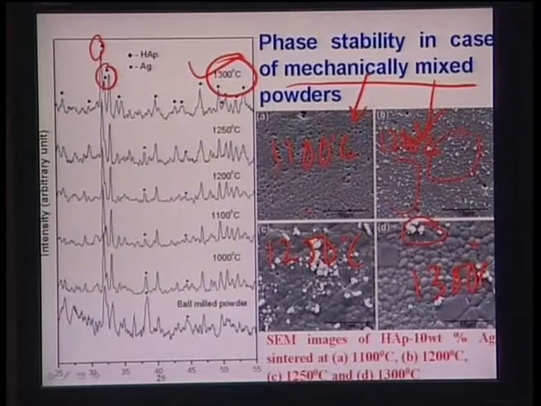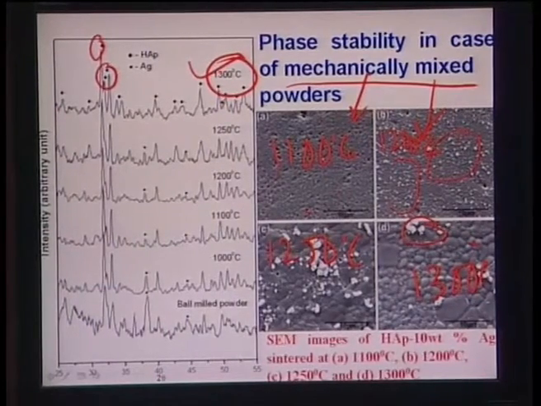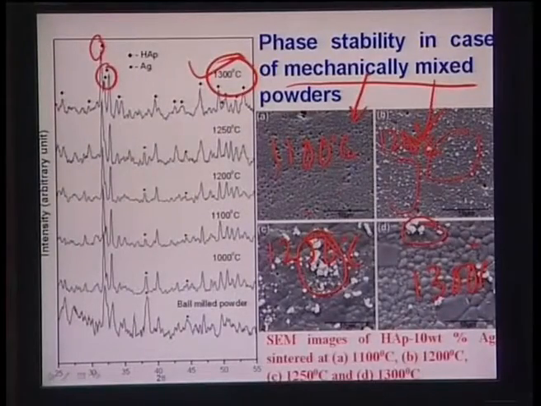Now you do notice certain differences in the distribution, shape or morphology of the silver. What is this difference? At 1250 degrees Celsius, you see that silver clusters or aggregates are forming. However, at 1300 degrees Celsius, the silvers are clearly distributed along the grain boundary region.